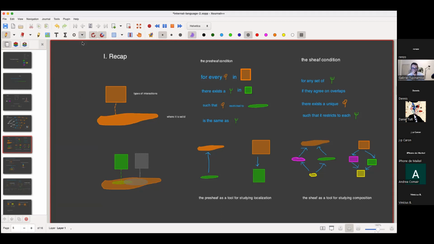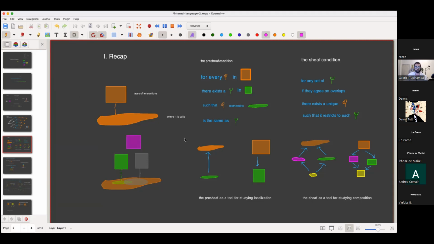So the second condition, with only the first condition, you cannot sort of relate entities too much. You can only localize them. Like what you gain in the second condition is the sort of comparison, finding what's common to stuff.